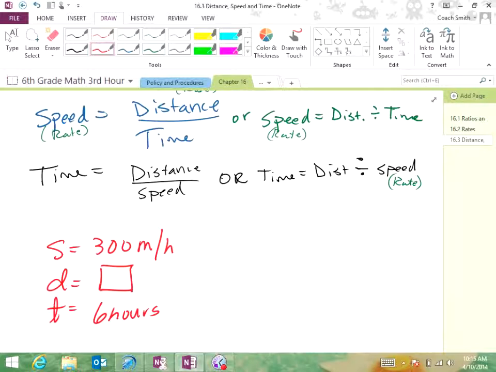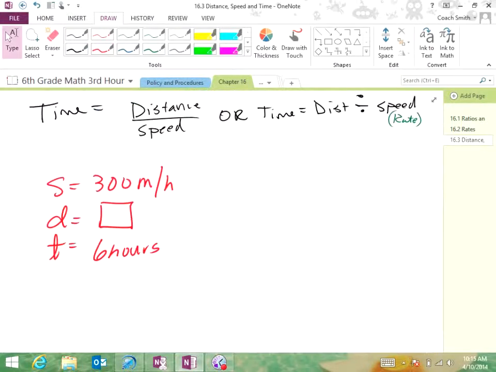That's how they're going to set up your problem. That's actually, I think, problem number 2. So how we're going to find our answer is we're going to use the proper formula, and we're going to plug in the information that was given.